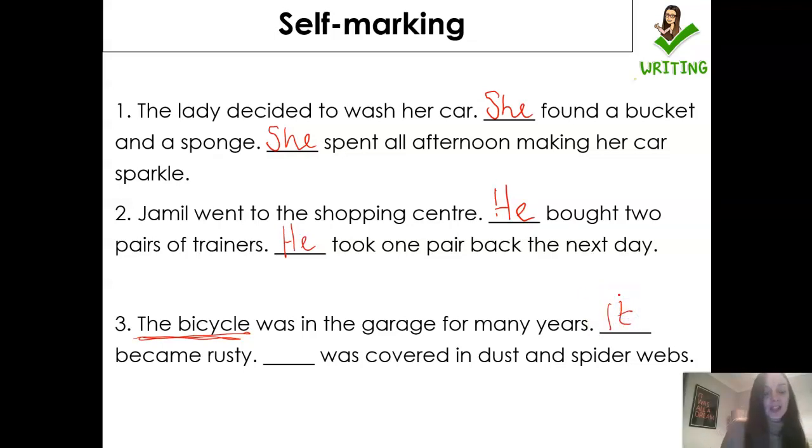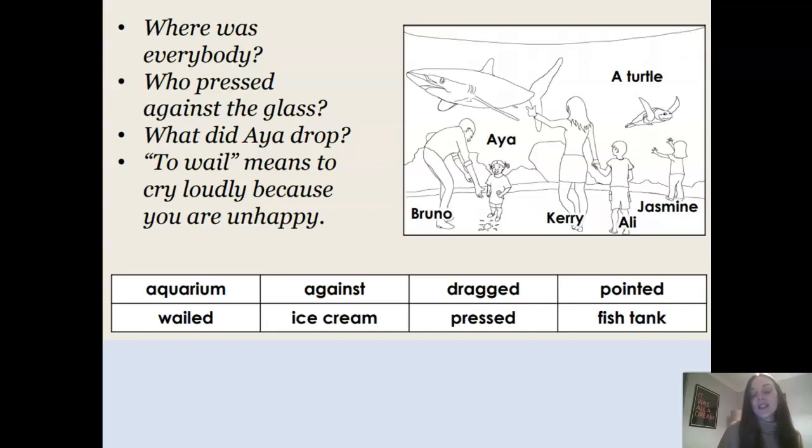It became rusty. It was covered in dust and spider webs. Okay, so go through and check your answers. So that's number 1 correct, number 2 correct, and finally number 3 correct. You can give yourself a mark out of 3. Well done.